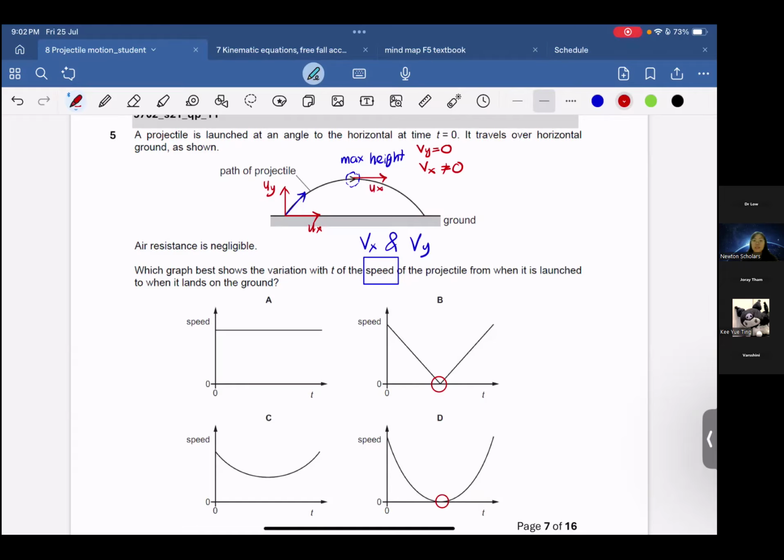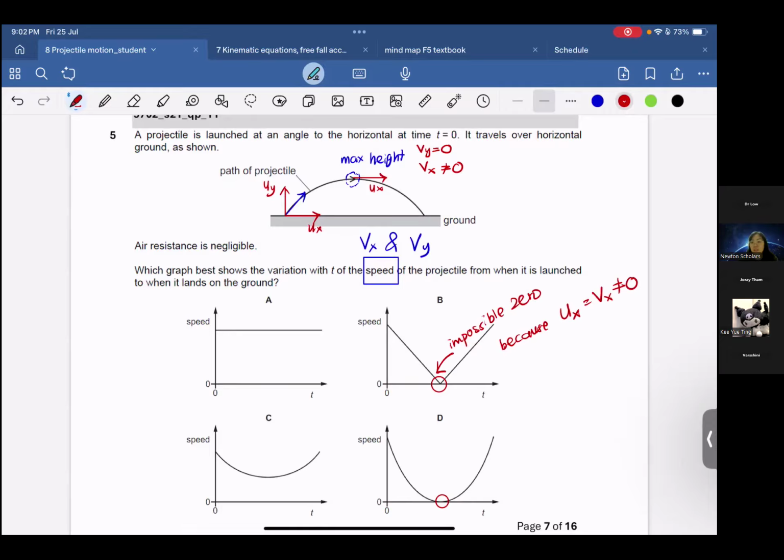The horizontal velocity won't be 0; it will be constant all the time. So what is your answer? This one is impossible, 0. Horizontal velocity won't be 0.